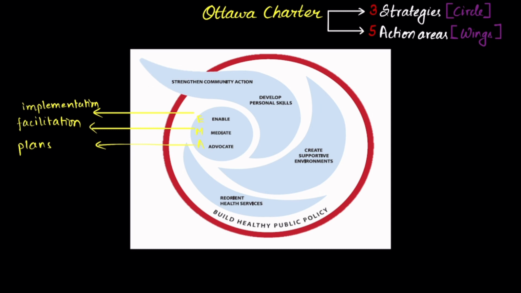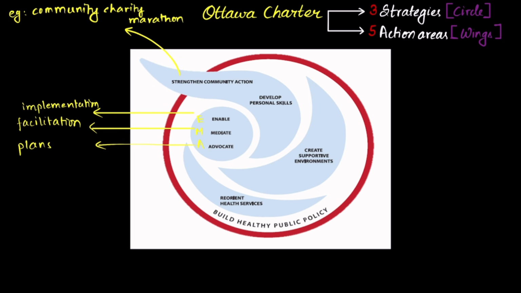Now, within the wings, you have action areas, and there are altogether 5 action areas. The first is strengthen community action. For example, a community charity marathon. Let's say in a community, a marathon is held in order to collect charity for a good cause, and multiple people take part in this marathon.